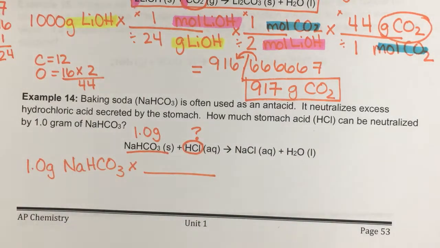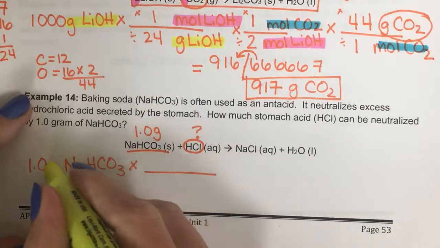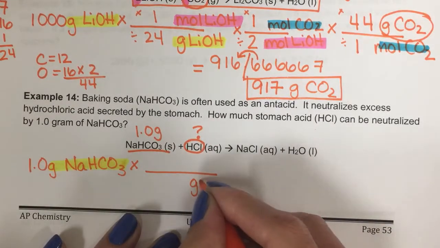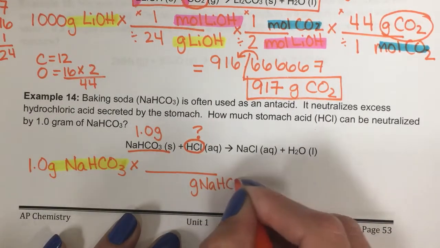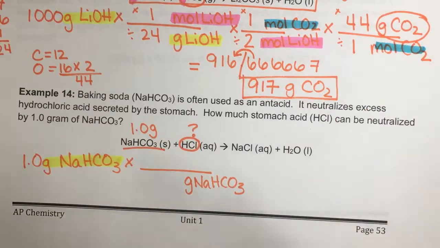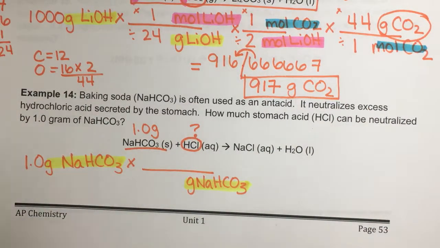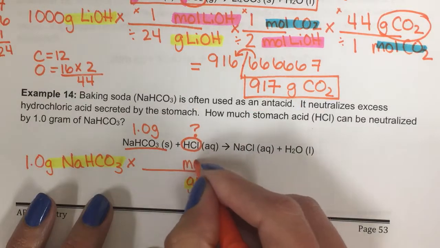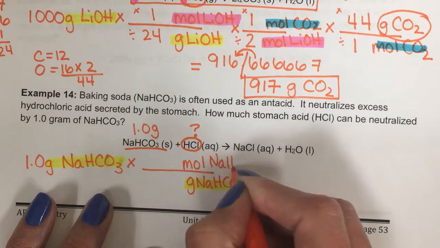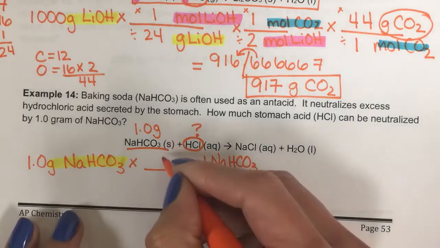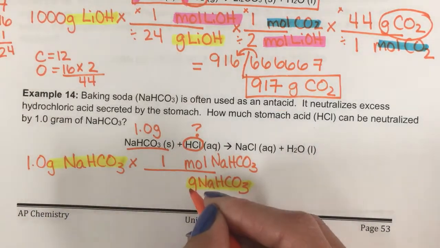Okay? Now because I'm starting with grams of NaHCO3, grams of NaHCO3 go on the bottom. In step 1, I'm changing this to moles of NaHCO3. I know that 1 mole is always equal to the number from the periodic table.